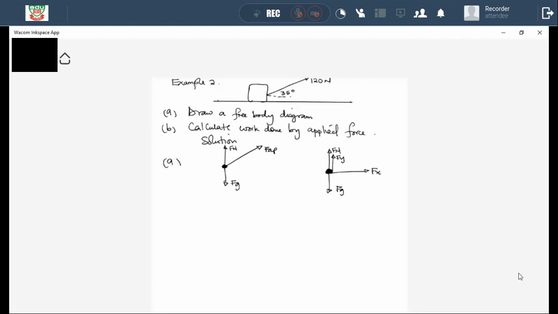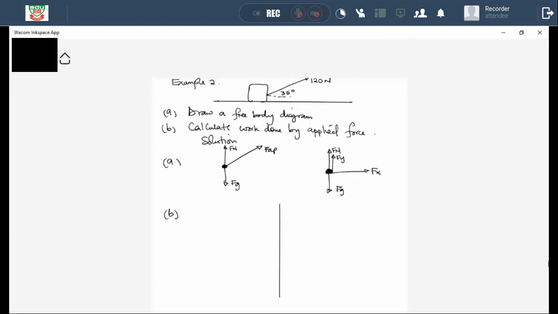But for exam purposes, on your answer sheet, we expect you to draw the first free body diagram where you represent force applied as a force, which is a vector. Is that fine? Item B, the calculation: calculate work done by applied force. Allow me to divide this board into two sections.